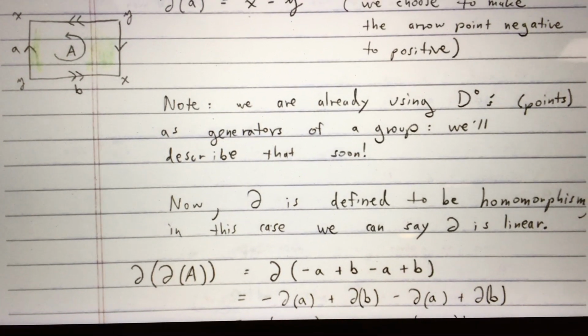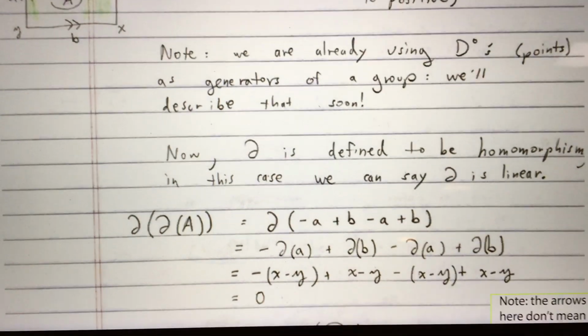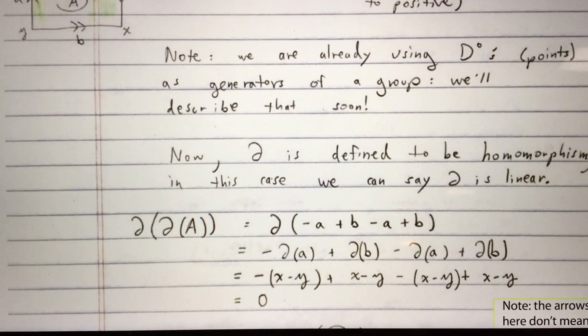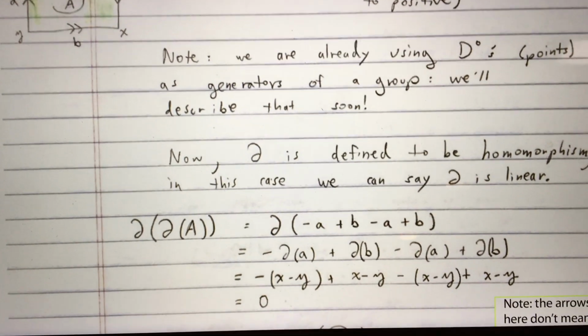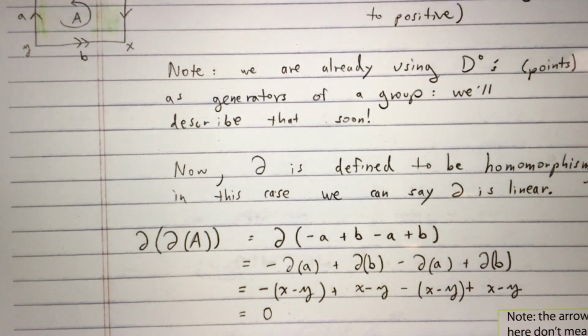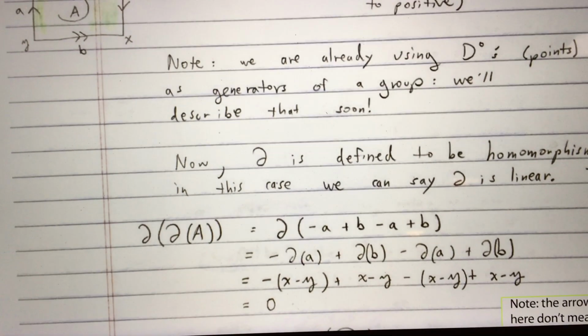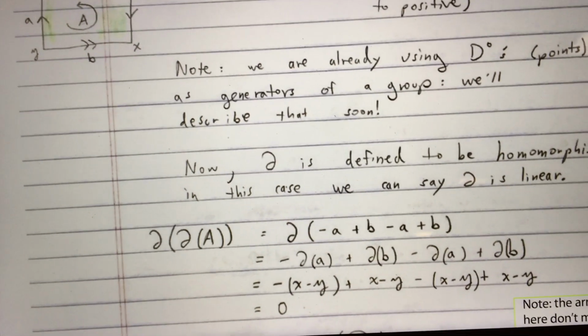And then we use the homomorphism property, or linearity, to distribute that boundary operator over the whole thing and pull out the minuses. And then for each of those line segments, we do what we just defined and write down their endpoints in the right order. So for A, it's x minus y, and for B, it's also x minus y.